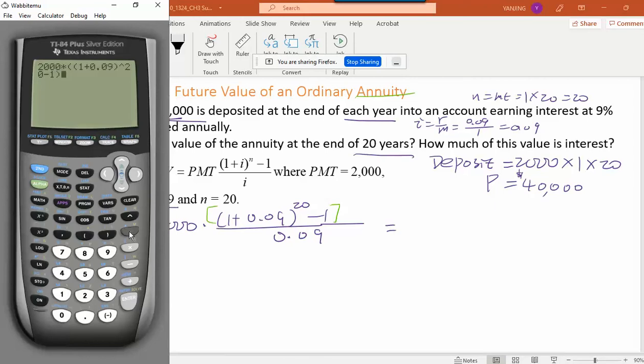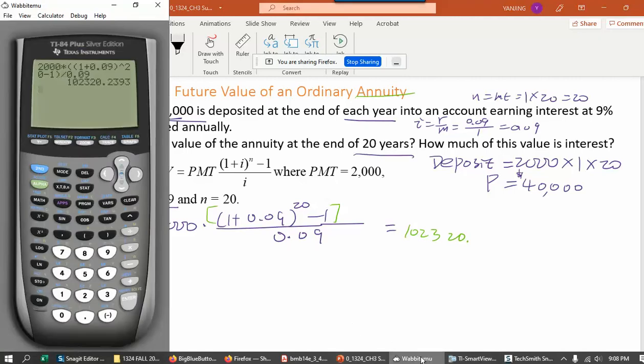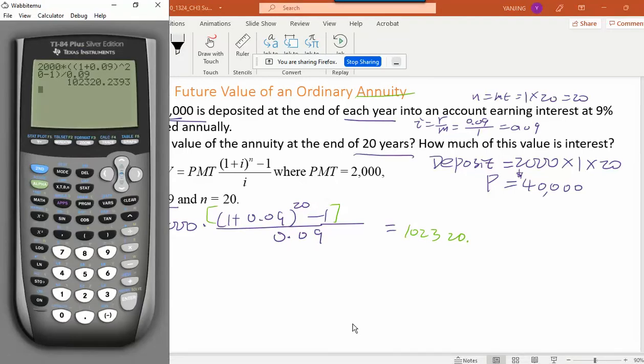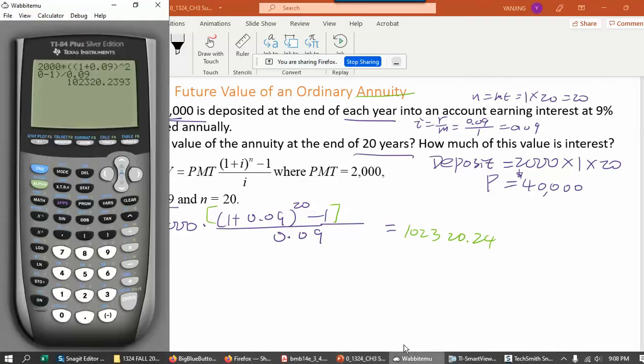Okay, and then divide by 0.09. All right, so you have 102,320.24.